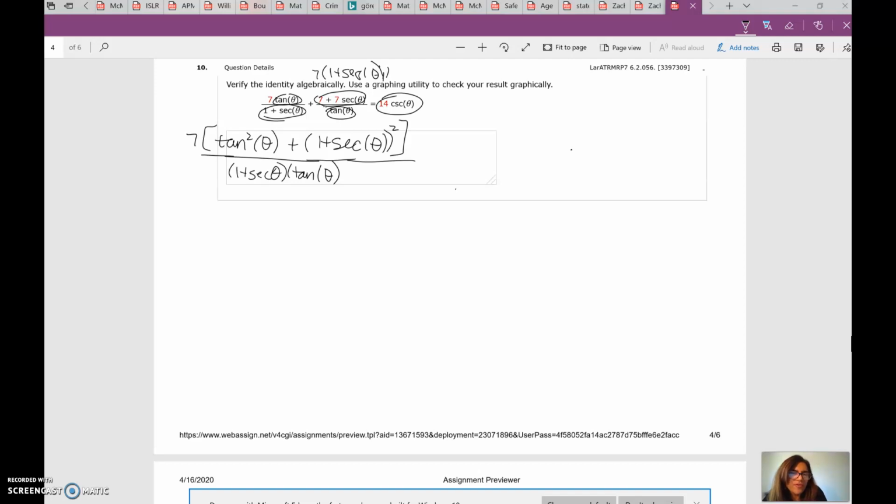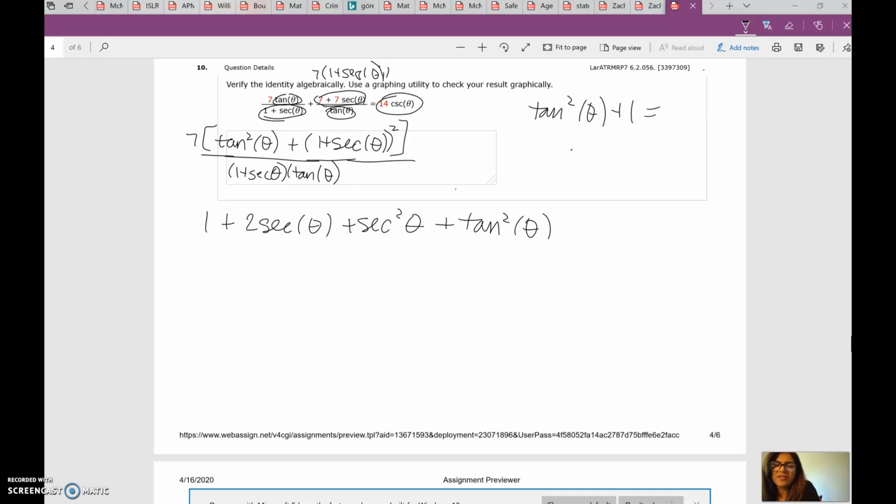If we FOIL this, we're going to get 1 plus 2 secant of theta plus secant squared theta. And then we do still have plus tangent squared theta. And we do know that tan squared theta plus 1 equals secant squared theta.